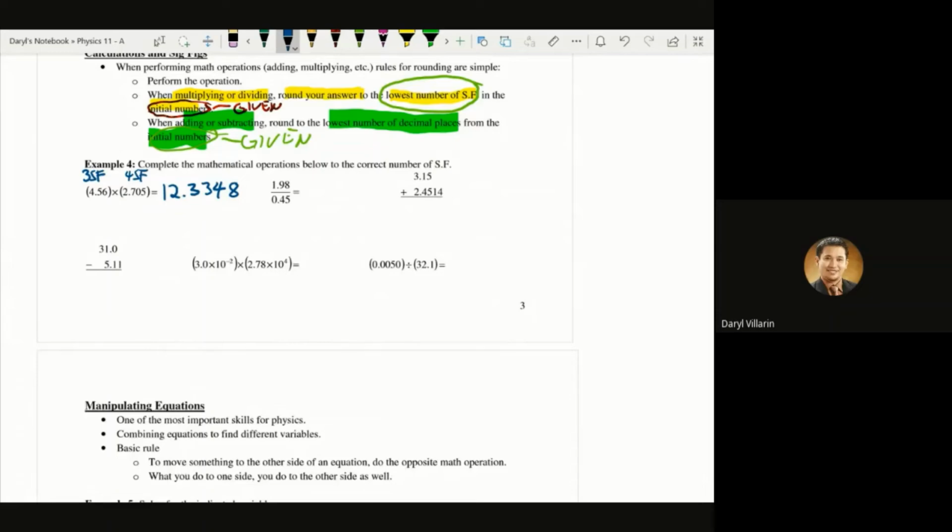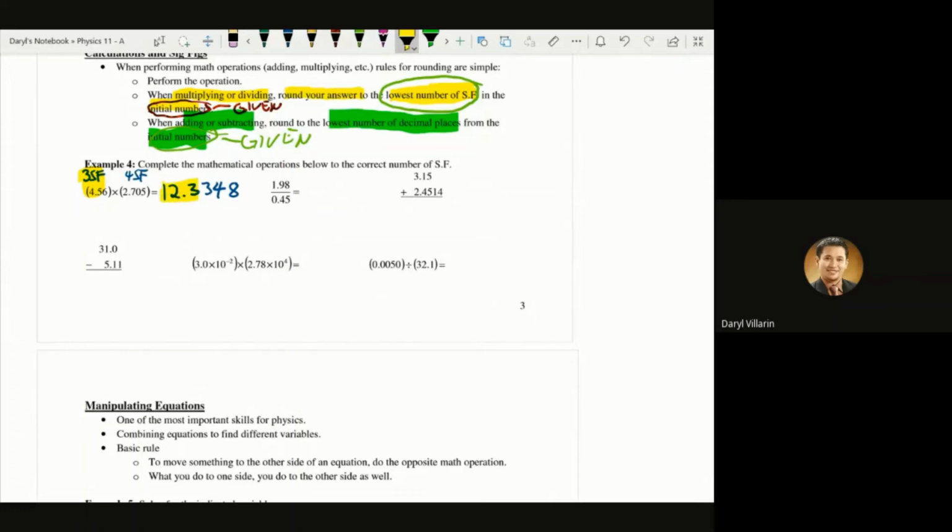If you write the product, the whole product will give you a total of 6 significant figures. However, since you are multiplying, you need to follow the lowest number, which is 3. So therefore, you will only record up to 3.